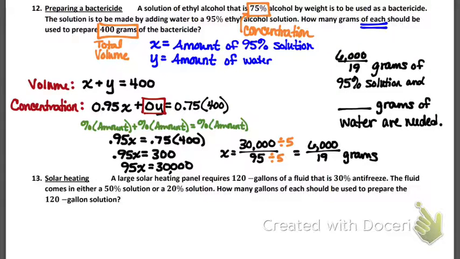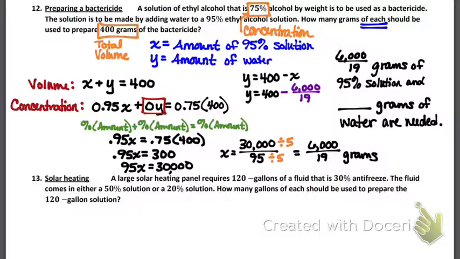This isn't a simple subtraction problem like I would like it to be if it was a whole number, but I can still do this subtraction. So y is supposed to be equal to 400 minus x, and we just found what x is supposed to be. So I'm going to subtract 6,000 over 19.